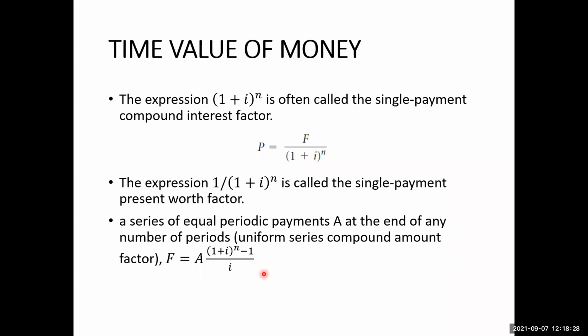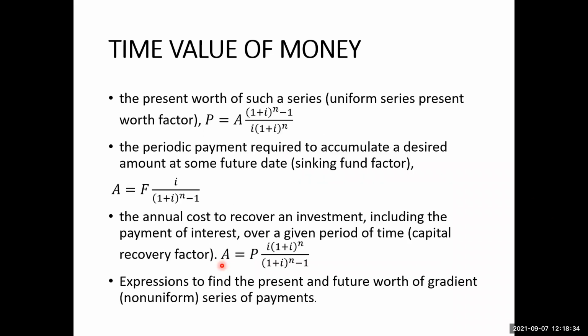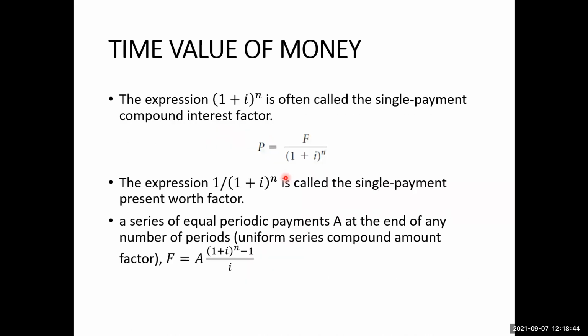In this case, we get the future value. Then we have another formula, for the present value. For example, if we deposit the amounts A for n number of years, what will be the future value we will get?